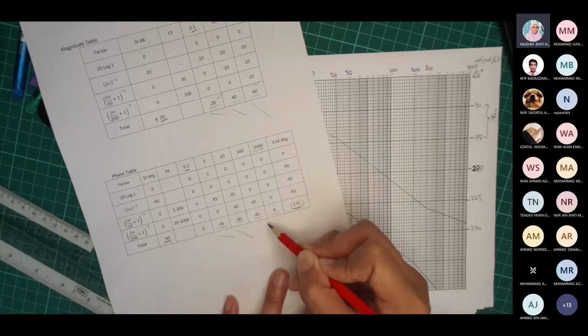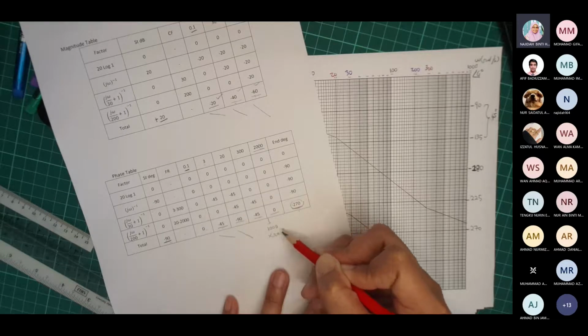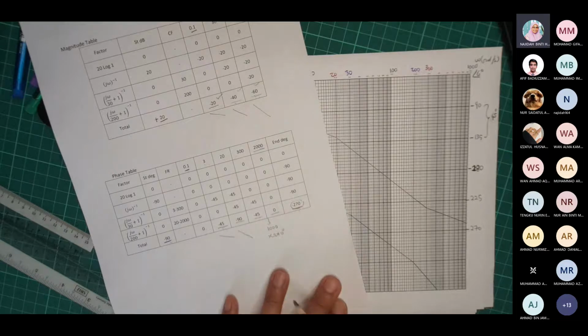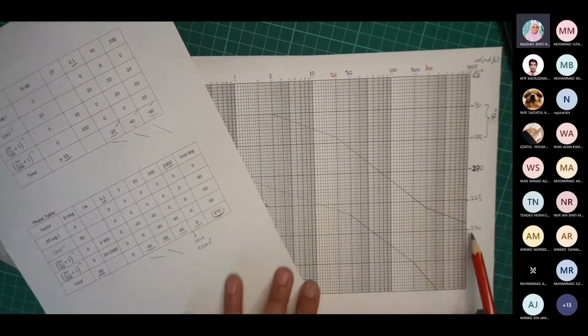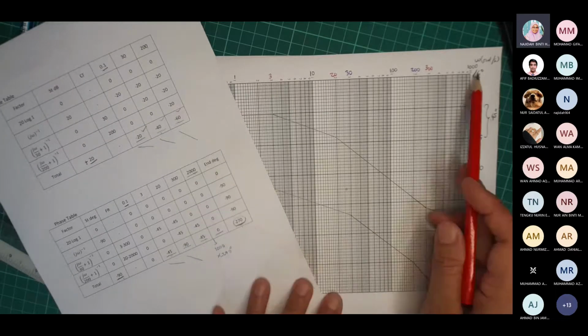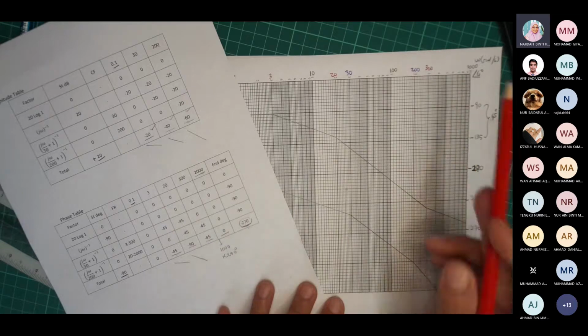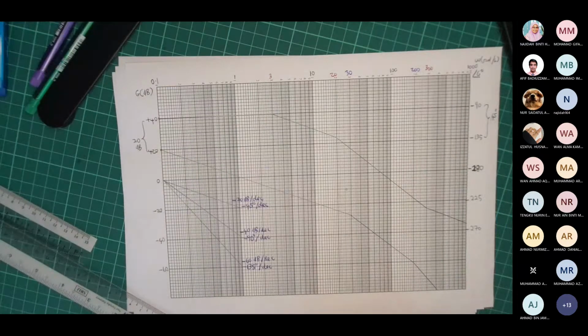But we stop at 1000 radian per second, so the ending point is not equal to negative 270. You cannot finish your phase plot at 1000 radian per second at negative 270 degree because we do not have 2000. It's only 1000 radian per second. Are you clear about that?